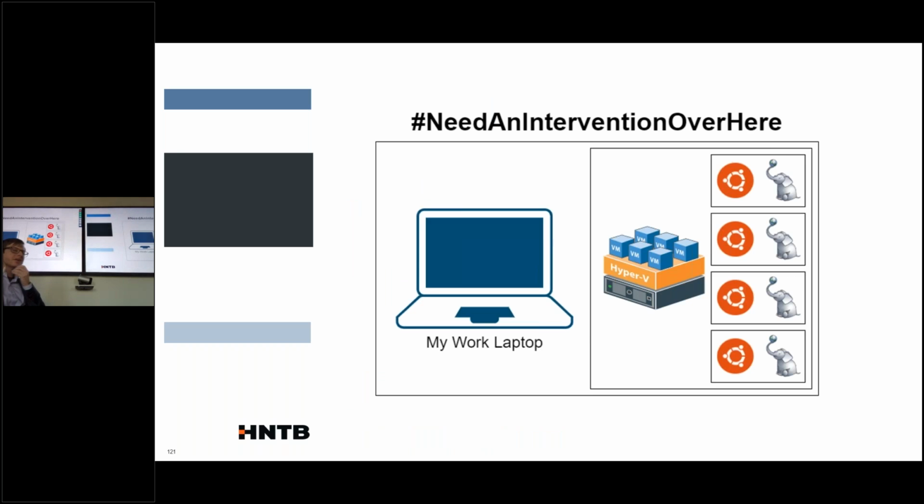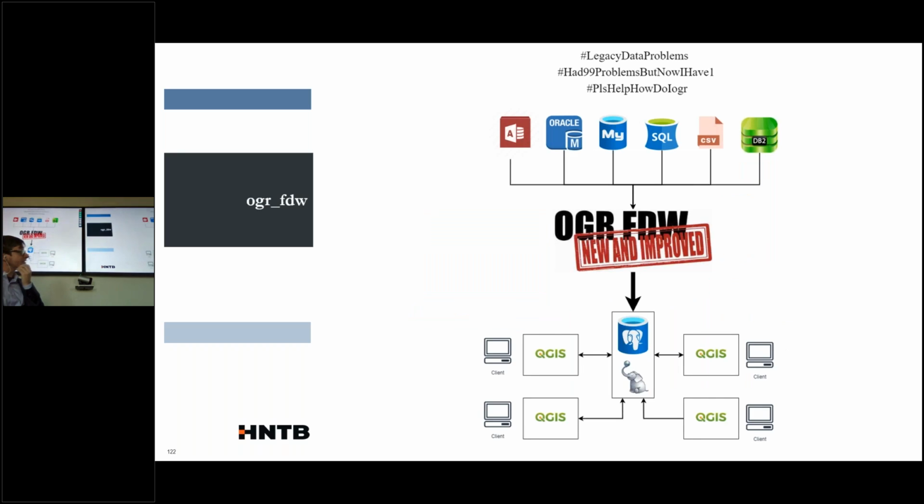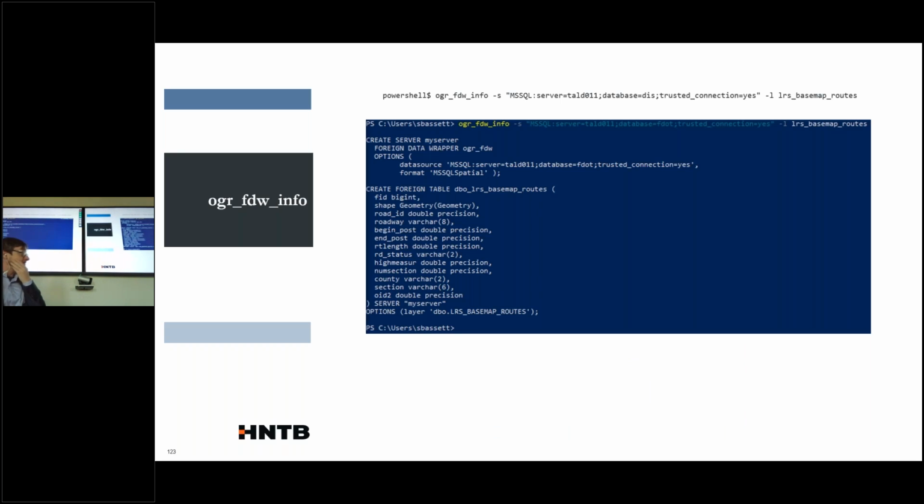And then enterprise PostGIS. At this point, you're creating these Ubuntu PostGIS servers as virtual machines on your local work laptop for every single job that you have, because what you're doing is using PostGIS to import stuff from Oracle, SQL Server, Access, CSV data, and sucking it all into a Postgres database and doing some spatial processing.